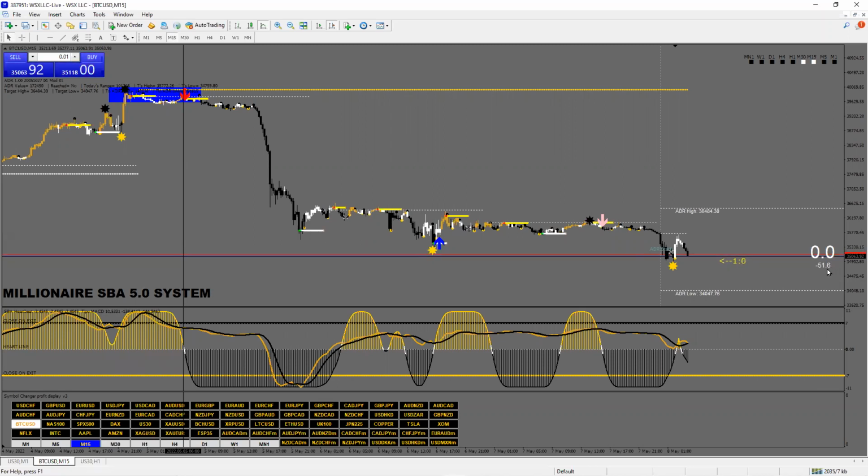But because this is Bitcoin, you ignore the last two digits. So I got out of this at a loss of 5 pips, 0.16. Is that clear?